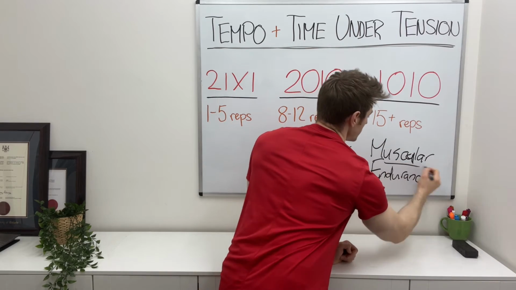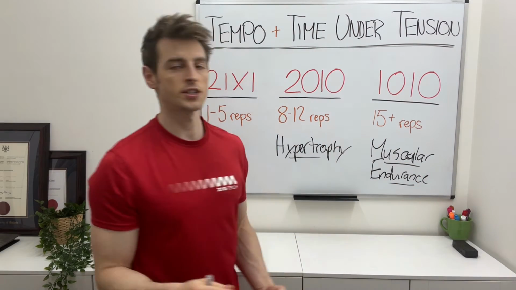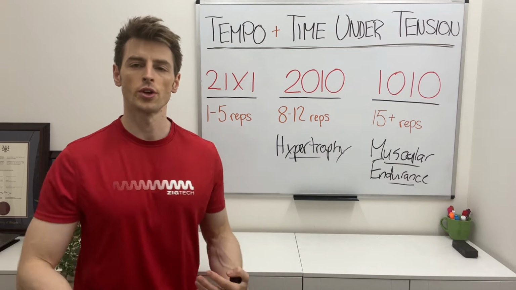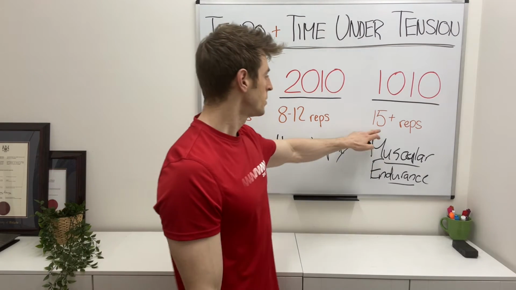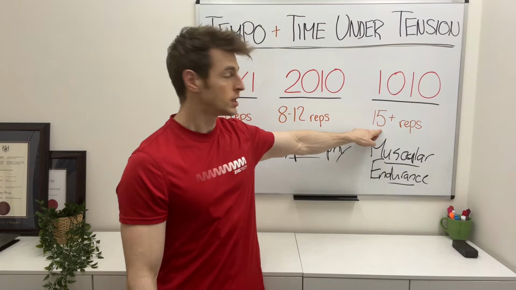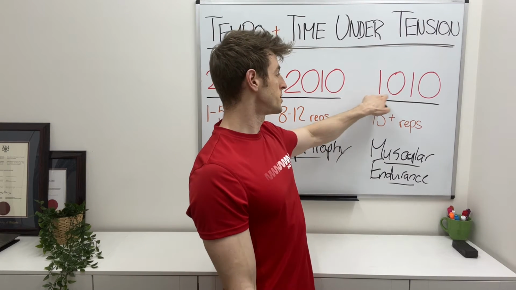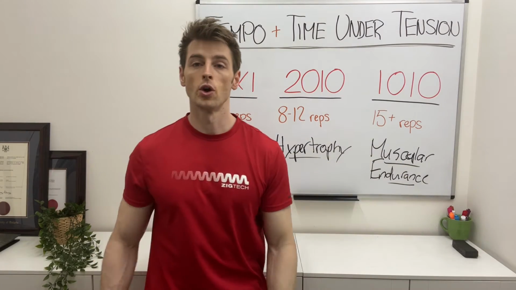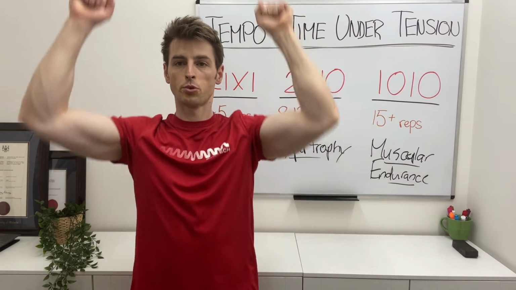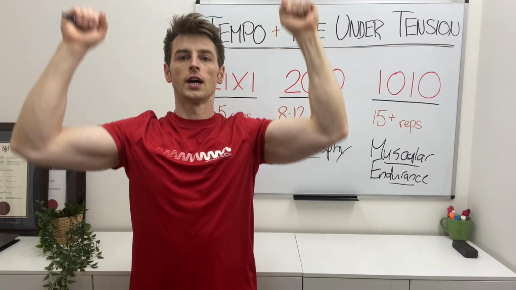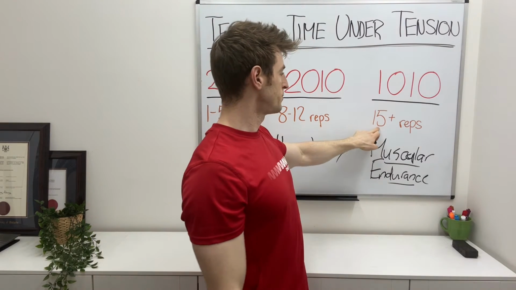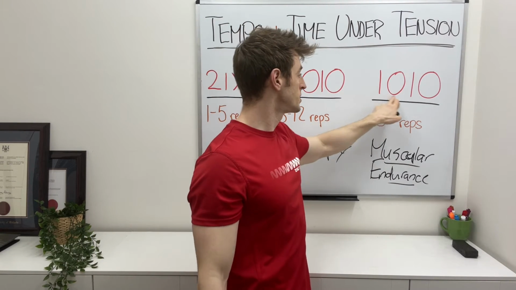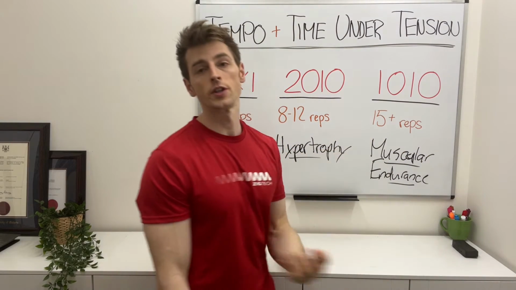Muscular endurance is just longer endurance, where the muscle can work for a longer period of time. When you're doing 15 plus reps, let's say under a tempo of 1-0-1-0, that's 1 second down, 1 second up. So if you're doing a quick overhead press, you can blast out 15 reps times 2 second reps. That's 30 seconds.